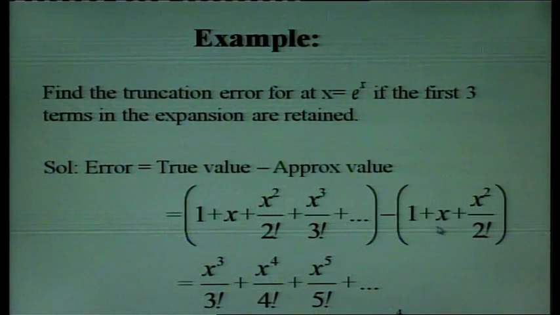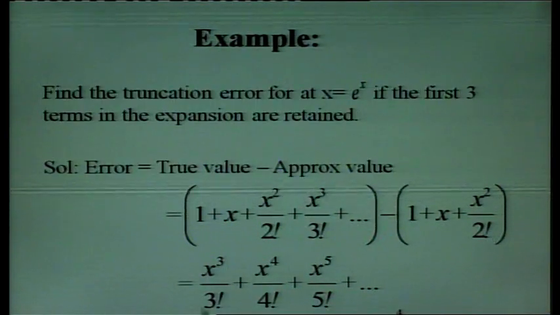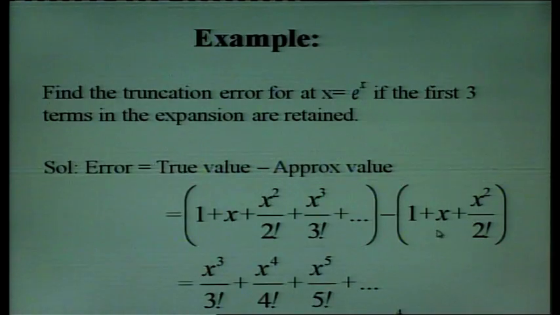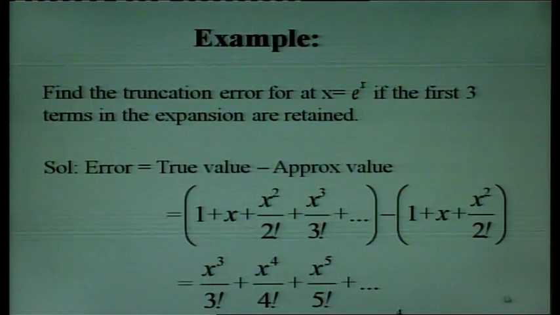The difference of these two is the error, which is x cube by 3 factorial plus x to the 4 by 4 factorial plus x to the 5 by 5 factorial and so on.